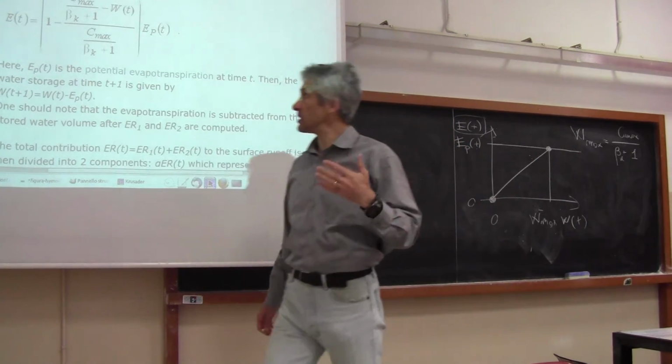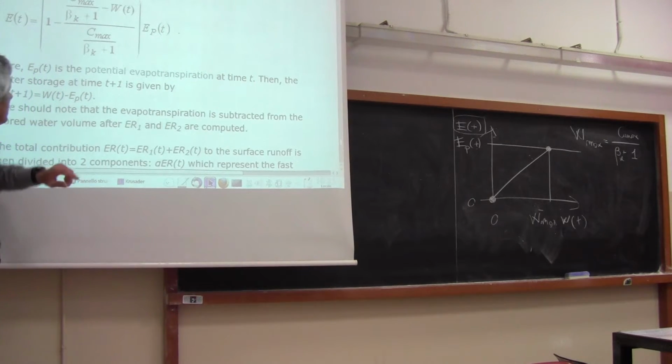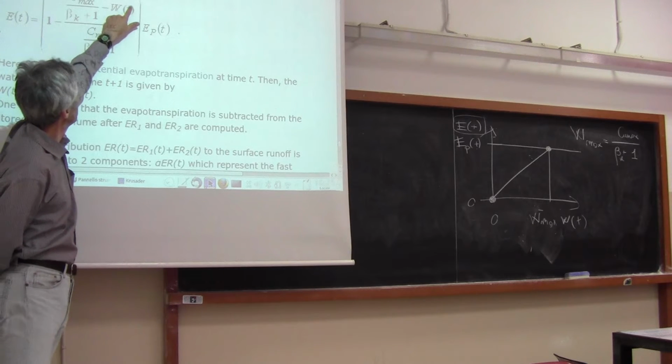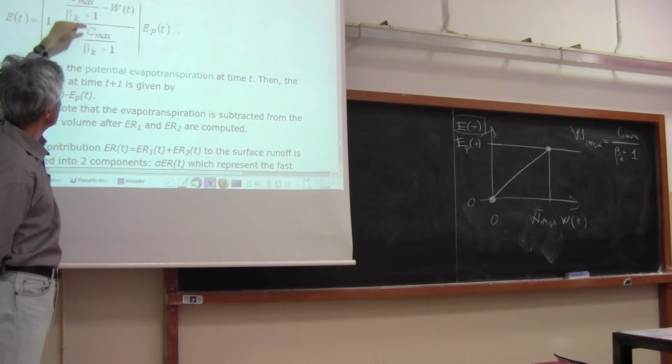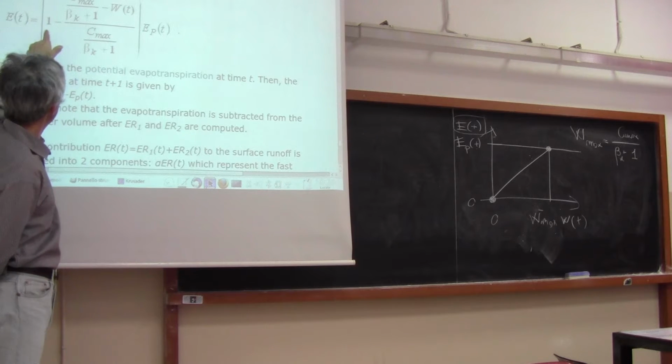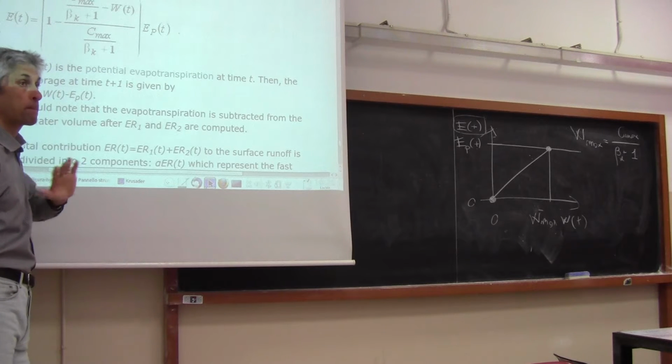Let's assign to W the value of 0. If W is 0, it disappears from here, and then numerator and denominator become the same. So 1 minus 1 is 0. ET is equal indeed to 0.